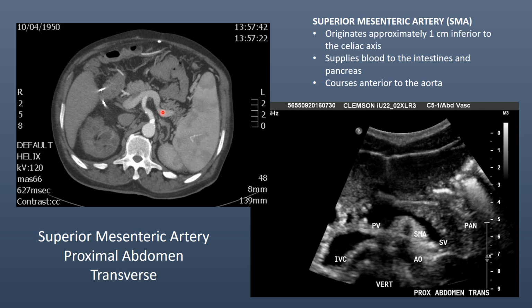So the splenic vein is posterior to the pancreas and anterior to the superior mesenteric artery. Splenic vein will course across the abdomen and drain as it meets the superior mesenteric vein. They become the portal vein at that confluence of those two veins.